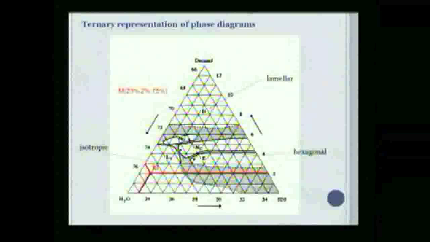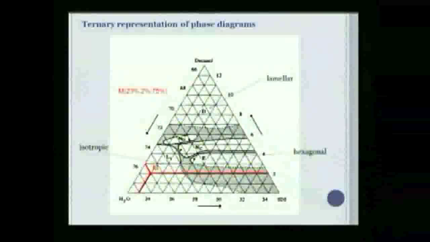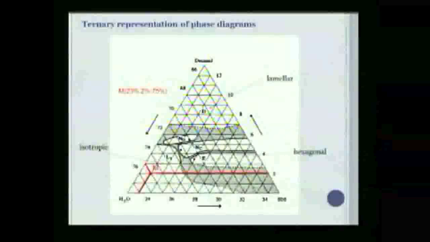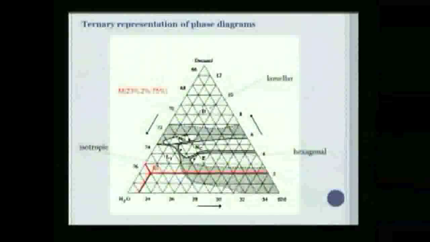Because when you don't know anything about a phase diagram, you have no other choice than making a lot of samples and trying to find the separation lines. As soon as you see two phases, you know that you are at the border of a monophasic domain. Then you examine your tube using the methods I described before: microscopy, birefringence, and so on.